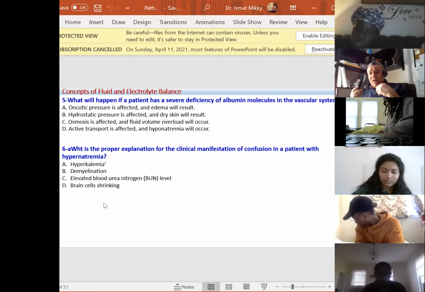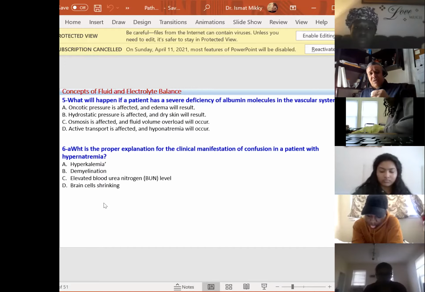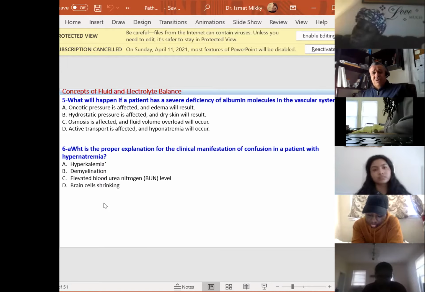Whenever you have a question about oncotic or colloidal pressure, remember that it results from the presence of protein and albumin molecules. With a deficiency of those, the pressure will drop. These molecules always pull the fluids into the compartment. If they are insufficient, the fluid will leave that compartment.